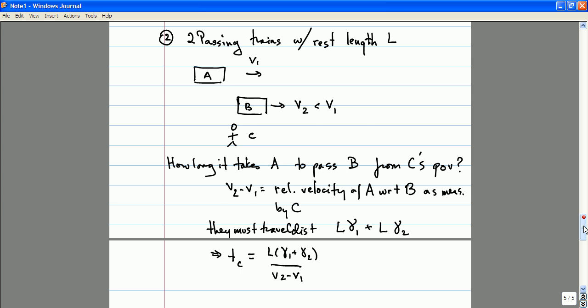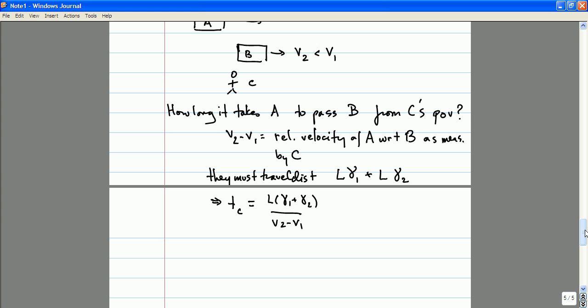Let's now ask the slightly different question, which is how long does this take from A's point of view? I don't actually feel like I need to work this out in terms of all of the equations.